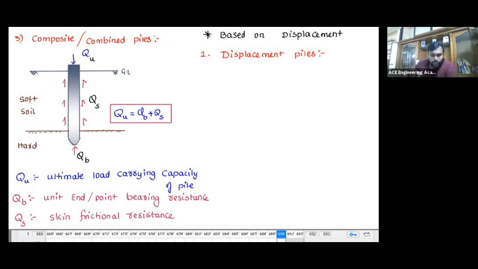Yes. So in the case of displacement piles, which are simply known as driven piles, the surrounding soil gets displaced or disturbed.